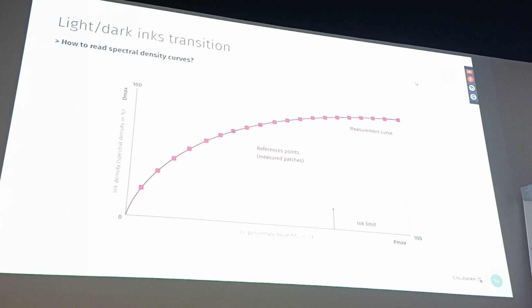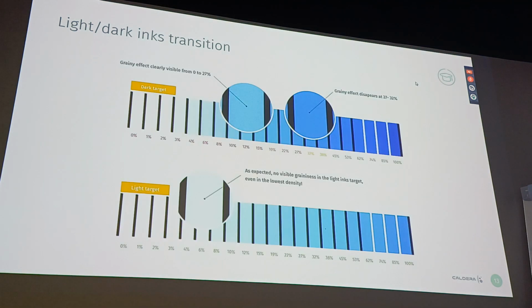So to do so, I really suggest you watch your target. Okay, so if I take the previous dark target, this is more or less the same. I really encourage you to watch carefully where you can't see any growth of density.